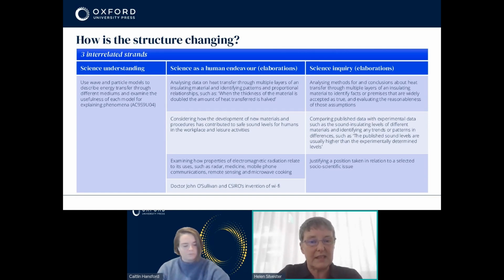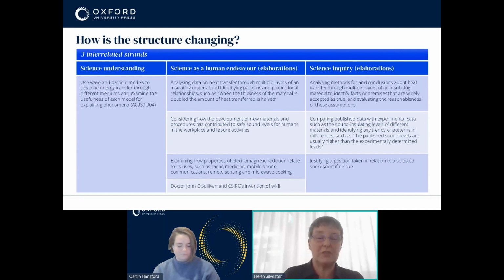So you'll see that underneath that structure, we have some key things that are changing as part of that. The science as a human endeavour elaborations sometimes directly relate to the science understanding. While you don't need to teach every single elaboration, it's worthwhile being aware of what's in each of the elaborations as science as a human endeavour and science inquiry.